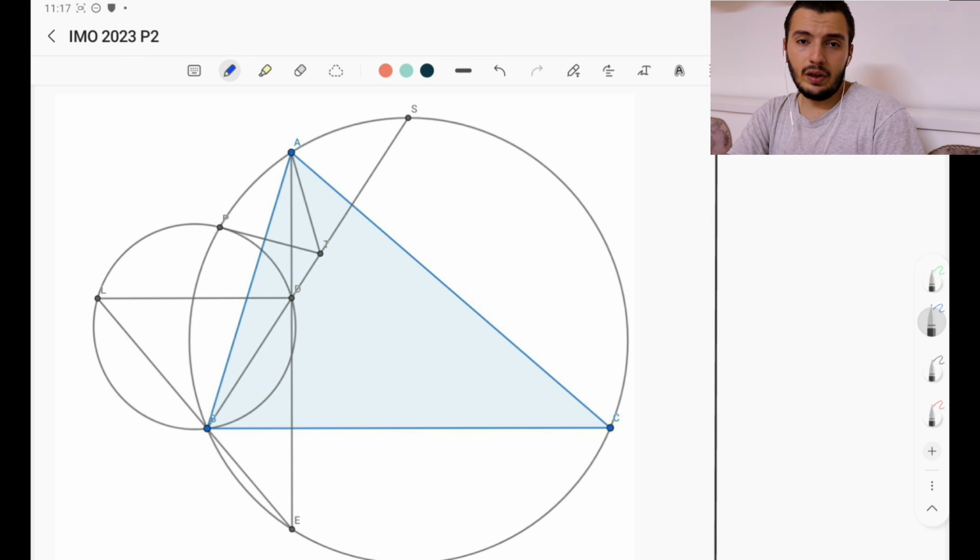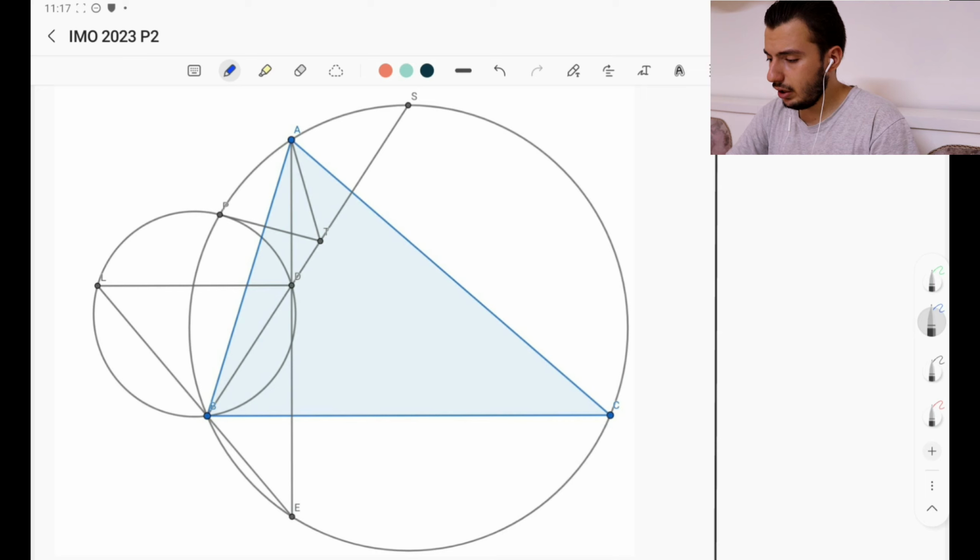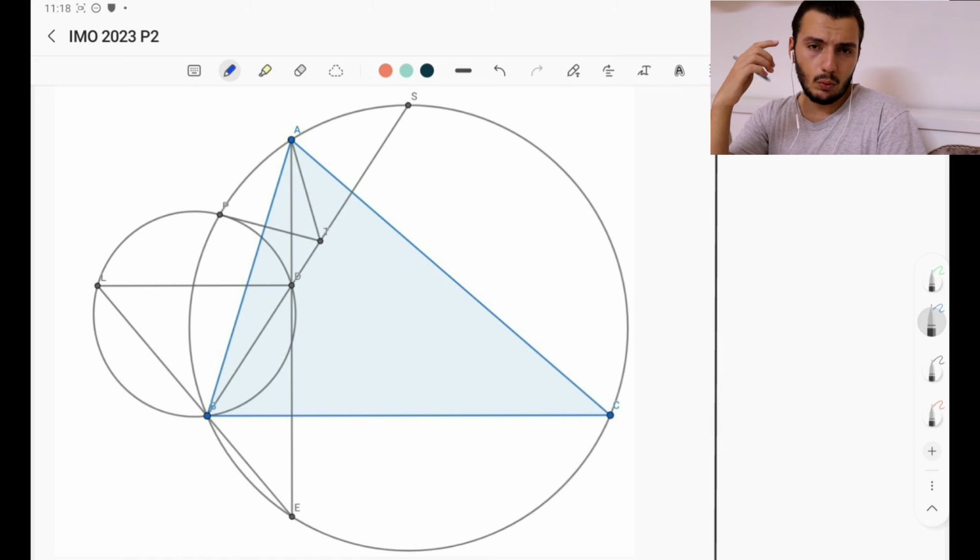Another good thing is that sometimes you might guess a thing and then you can check it on the diagram. Maybe not in this question, but in general, if we guess that two things are perpendicular, we check them.